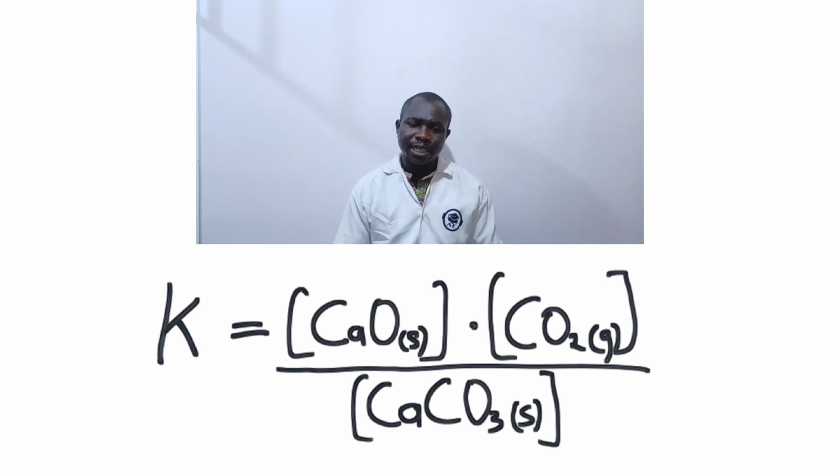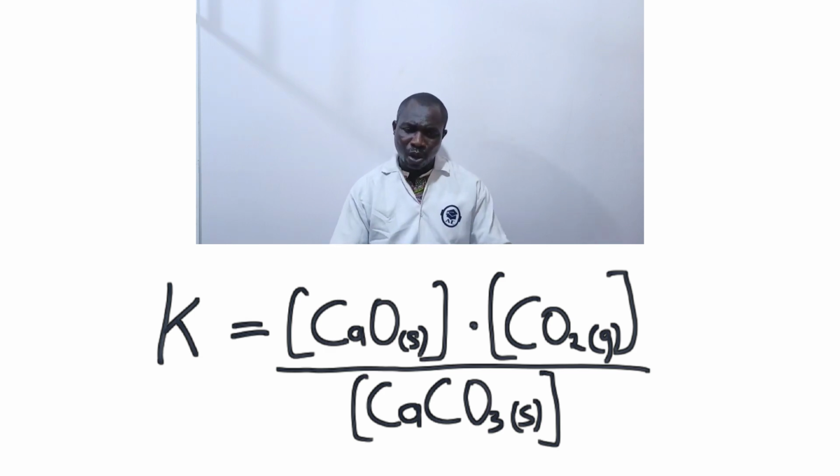Reactant. Product raised to its coefficient over reactant raised to its what? Coefficient. So we have concentration of calcium oxide multiplied by concentration of carbon(IV) oxide, CO2, divided by what? Concentration of calcium carbonate.